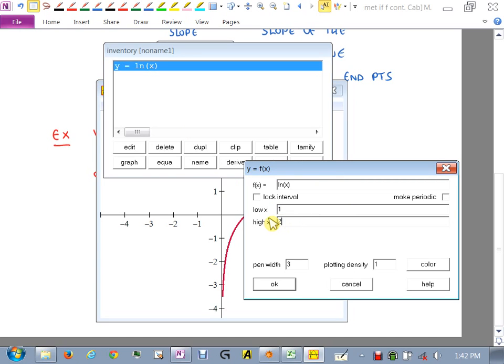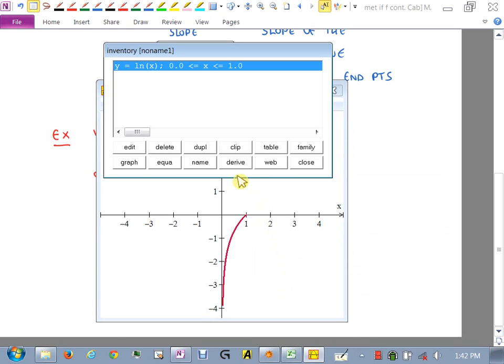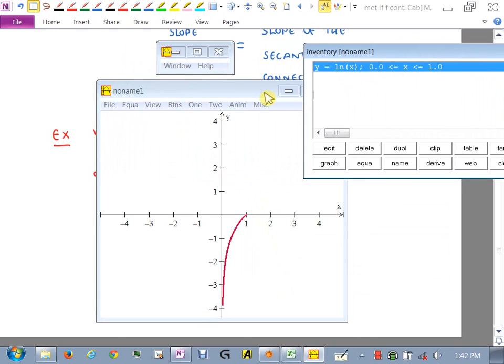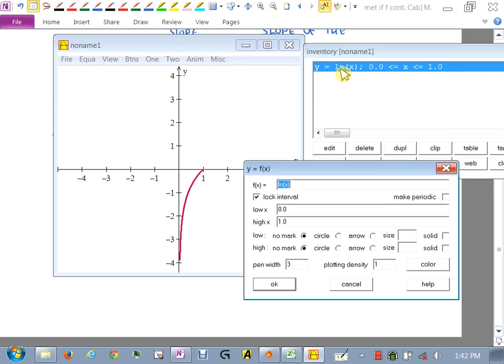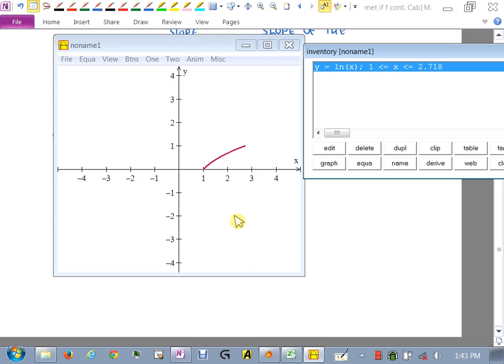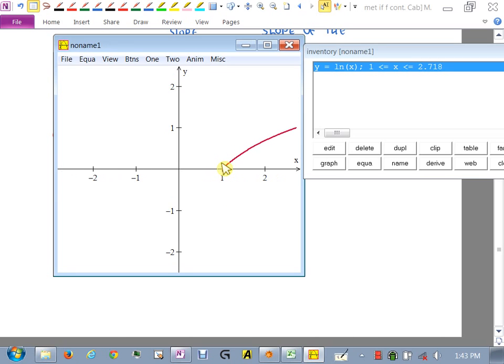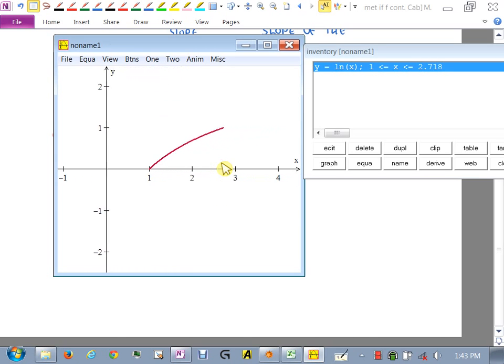I'll do 2.718. There. Okay, there's the graph of the function natural log x just on the interval [1, e].